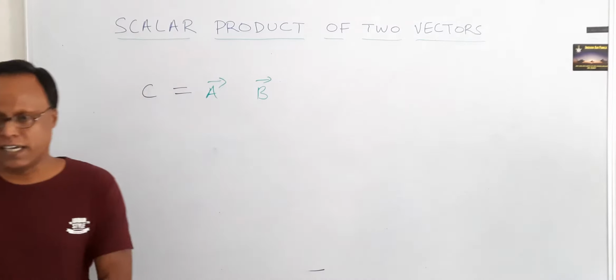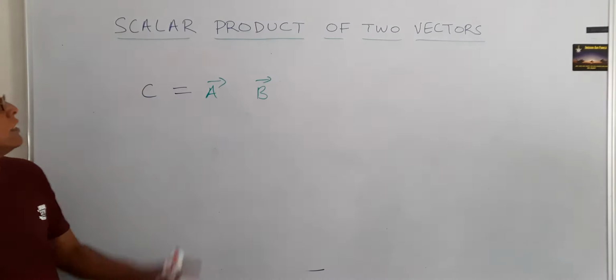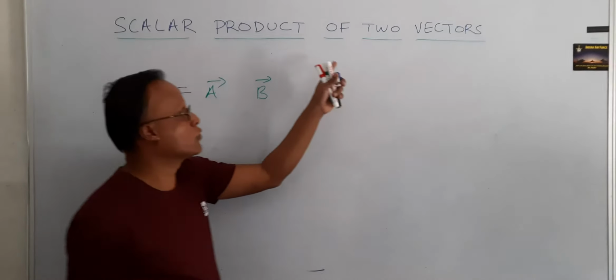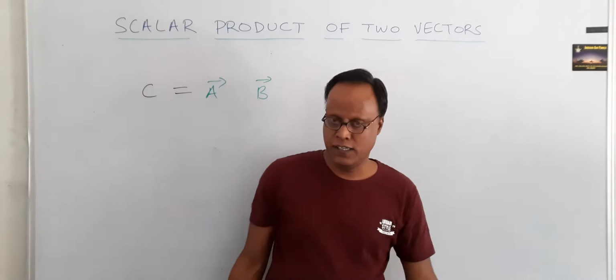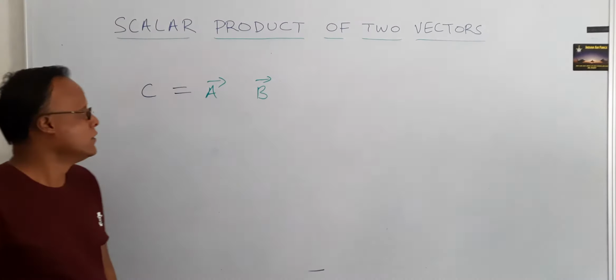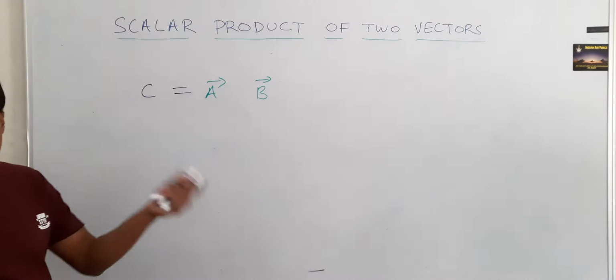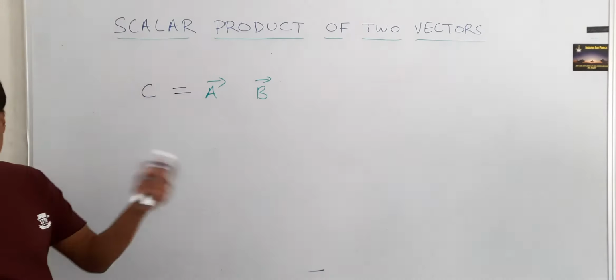So now, what is the definition? The scalar product of two vectors is numerically equal to, now the definition of these two vectors.